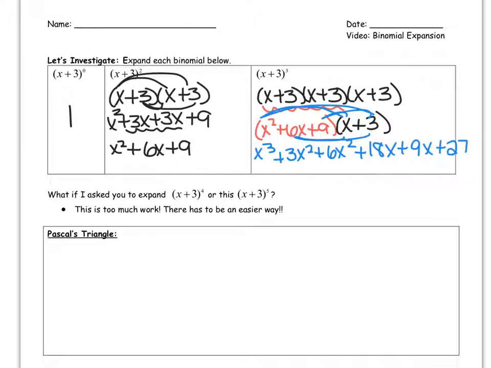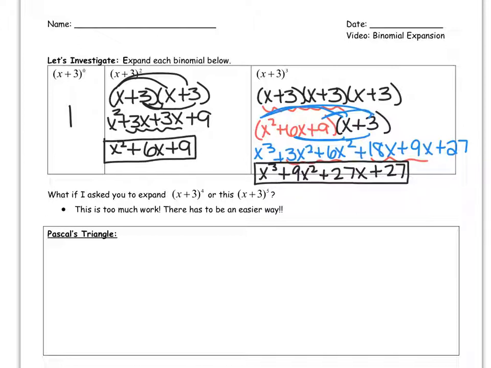And then now we can start by combining like terms. These are like terms, and these are like terms. So the final answer is x to the third plus 9x squared plus 27x plus 27. So that is my final answer here, and that is my final answer here.